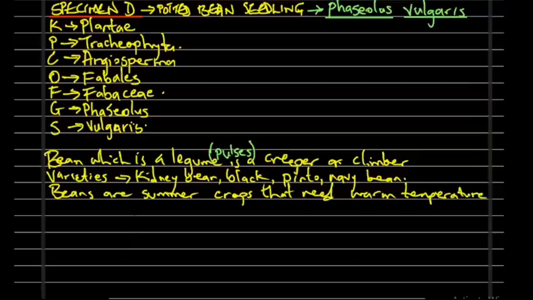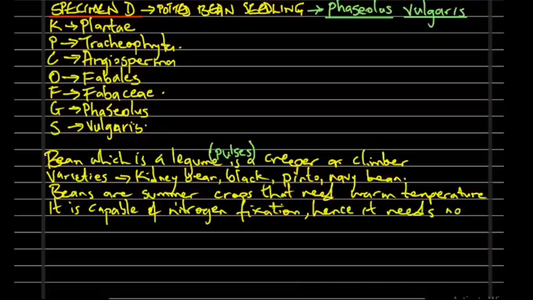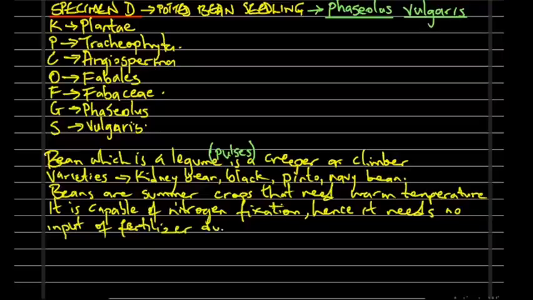And then, since it is a legume, it is capable of nitrogen fixation. Yes, we have that as one of the attributes of the legumes. Hence, it needs no inputs of fertilizer during germination.